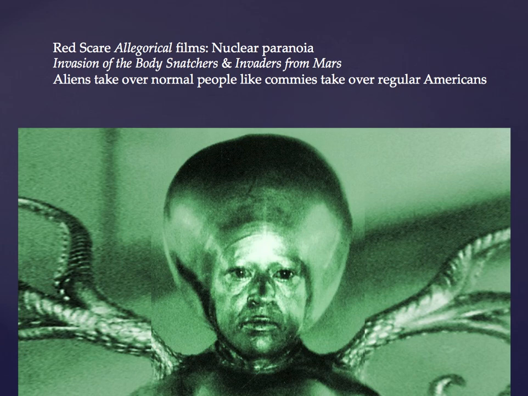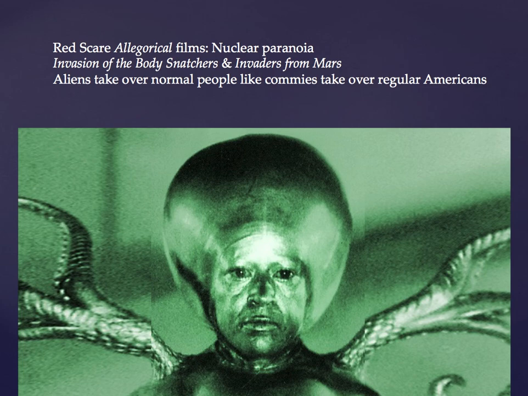But the aliens are going to take over normal people, right? Just like commies are going to take over regular Americans, right? So that's the allegory. You can either see it as a nice sci-fi movie, or you can see that this is sort of the stand-in for normal Americans, because you can't look at somebody and tell if they're communist, right?